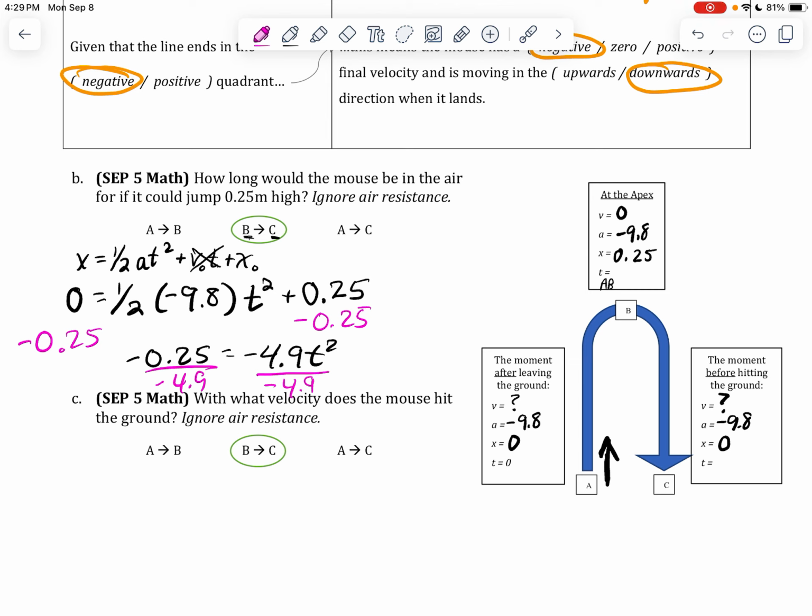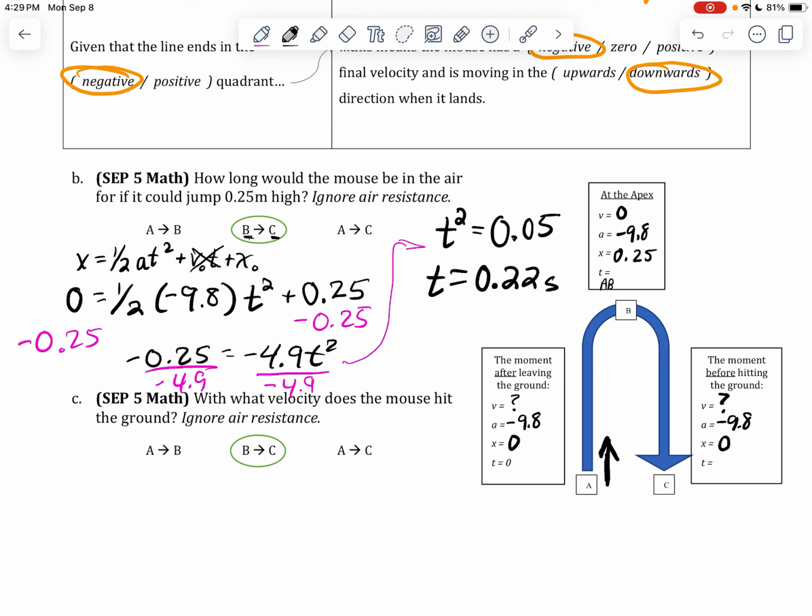I'm just going to need to take the square root of whatever that is. Whatever 0.25 over 4.9 is. 0.25 divided by 4.9, 0.05. So then, if I come up here, you're going to get t squared is equal to 0.05. So t, I've got to take the square root of that. I get 0.23 or 0.22. Not a huge deal if you round or don't round.